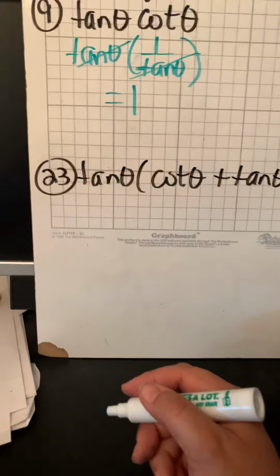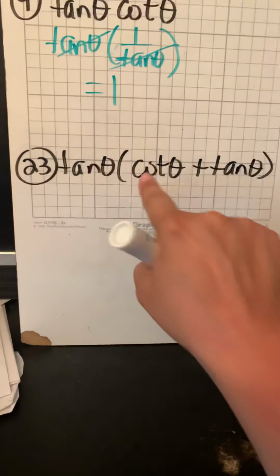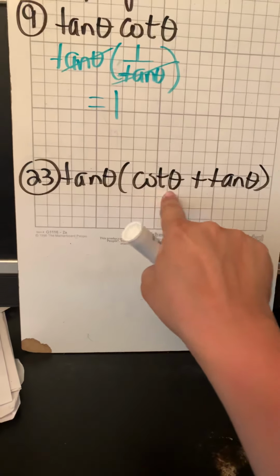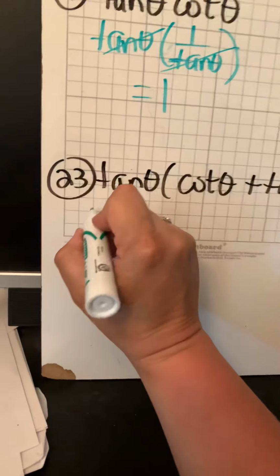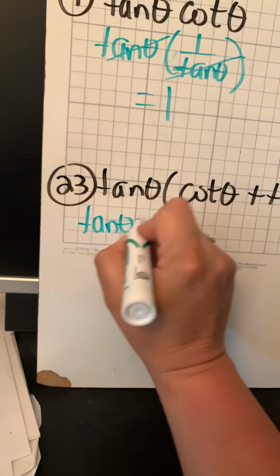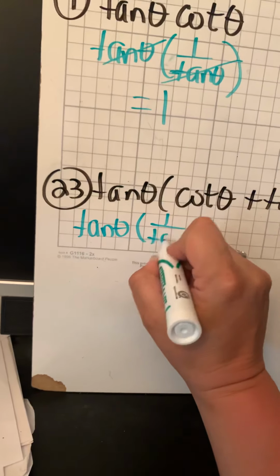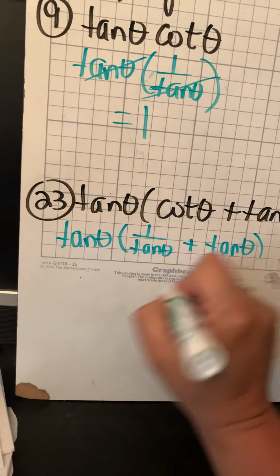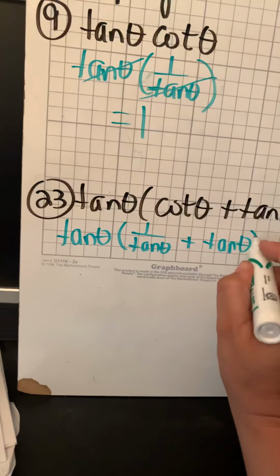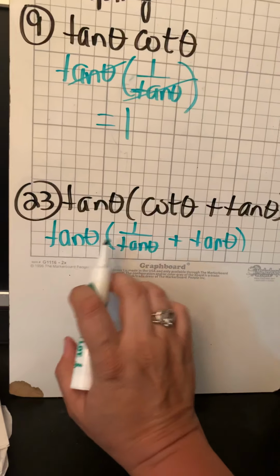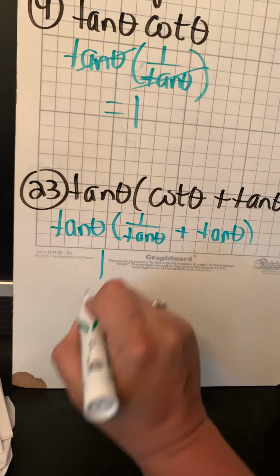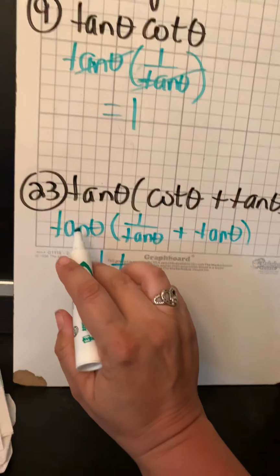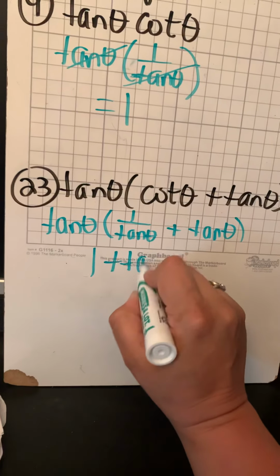This one here, same thing. I'm going to convert this to 1 over tangent. So I'd have tangent of theta times 1 over tangent theta plus tangent theta. Well, when I distribute that tangent all the way through, I take tangent times 1 over tangent, I get 1. Plus, what's tangent times tangent?